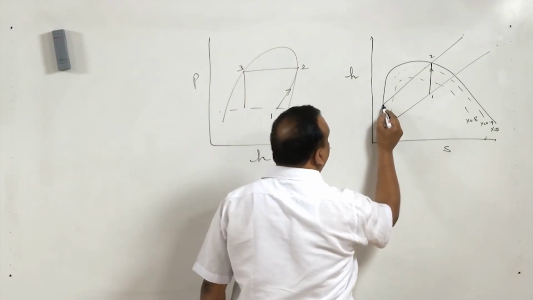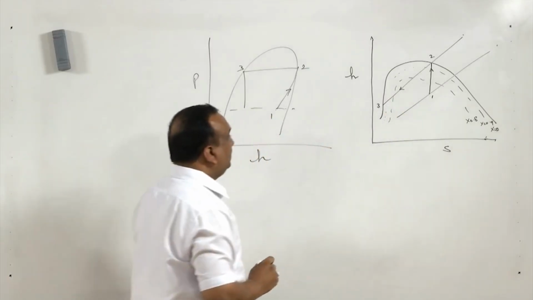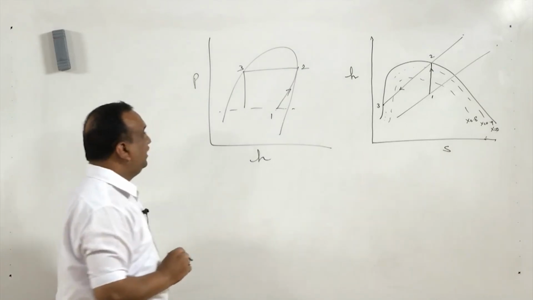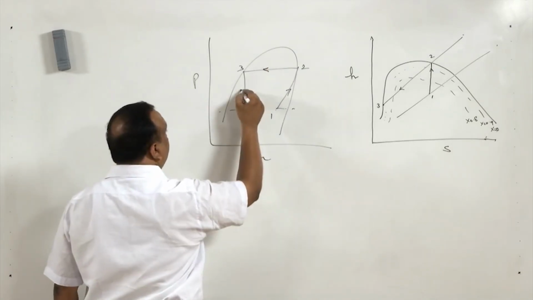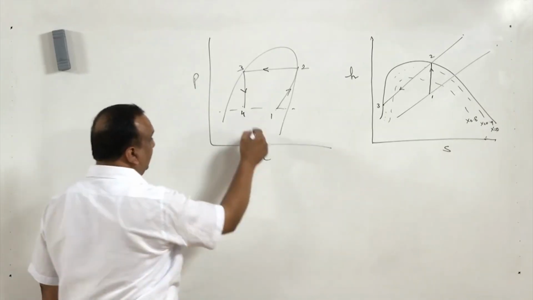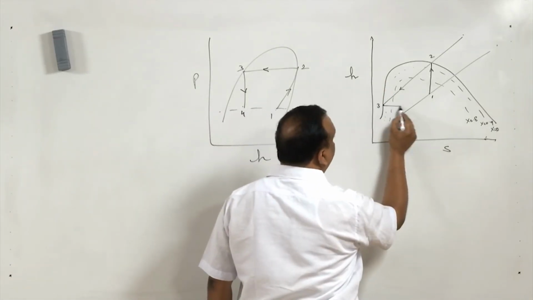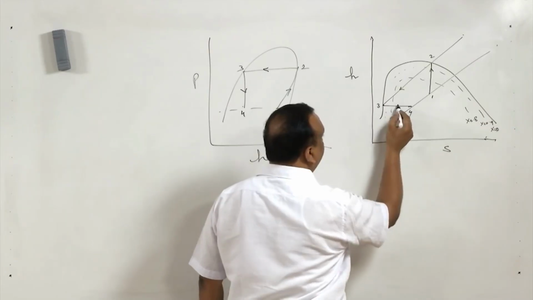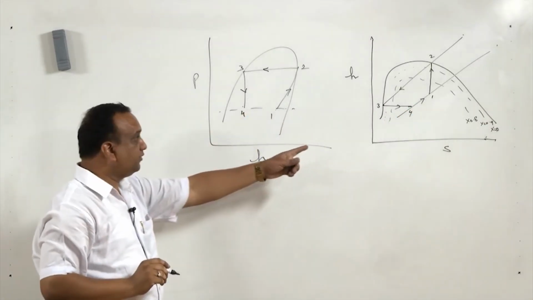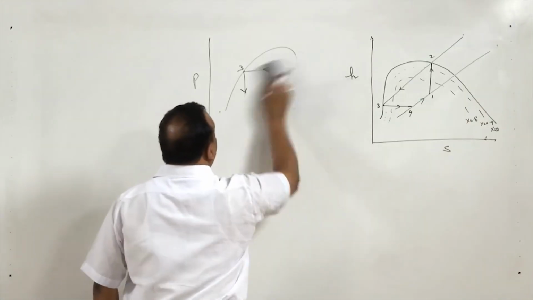Definitely it is going to come here, state 2 to state 3, and it is in the liquid state. This is also shown in the liquid state. Now, state 3 to state 4 is a constant enthalpy line, and a constant enthalpy line in this case is going to be a horizontal line. So, this is the transformation of the refrigeration cycle on the enthalpy entropy diagram.